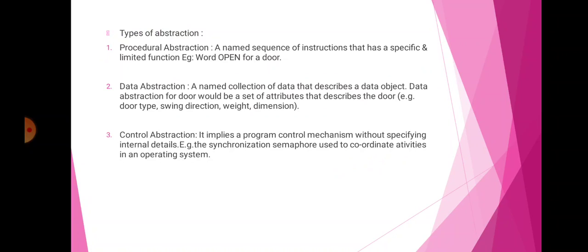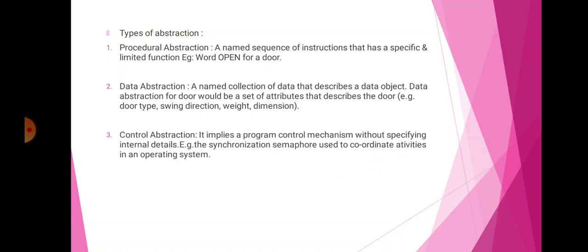Then second is data abstraction, a named collection of data that describes a data object. An example of data abstraction would be paycheck. This data object is actually a collection of many different pieces of information such as gross pay amount, tax withheld, etc. Another example is drawing.